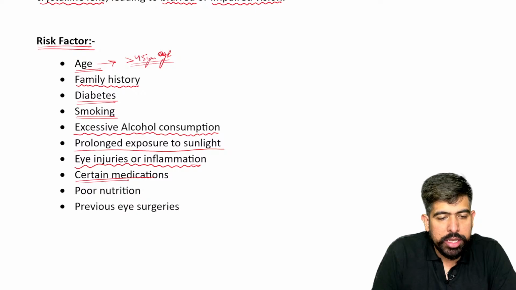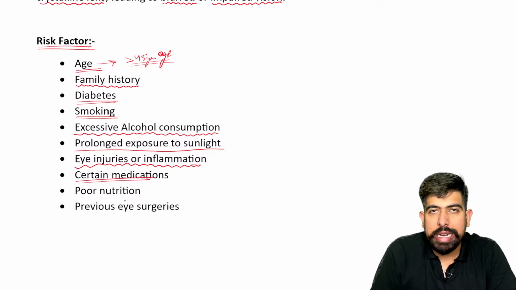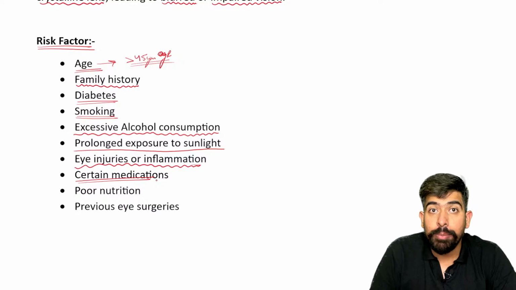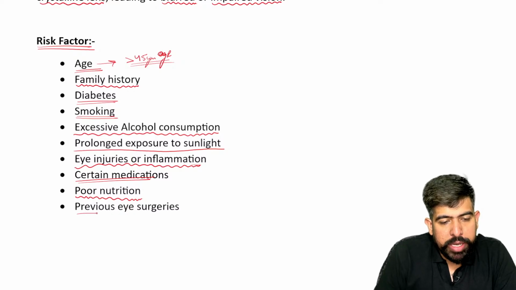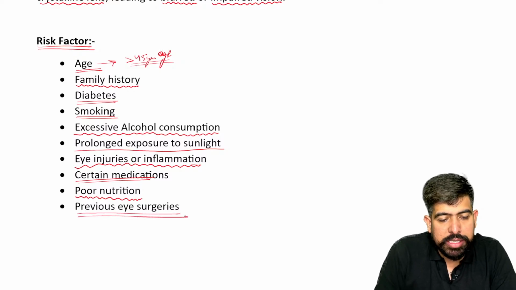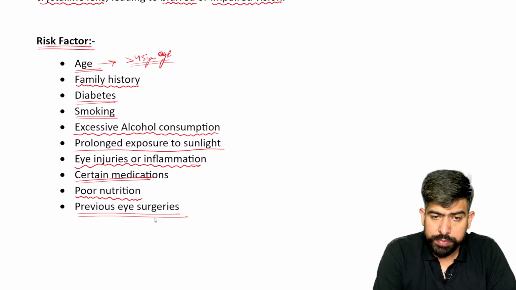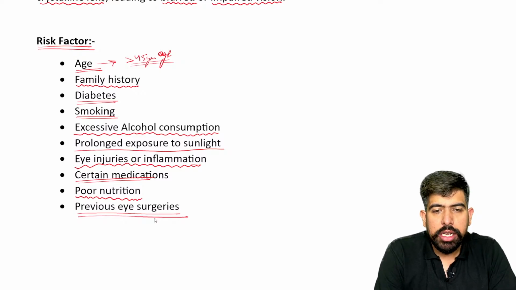Certain drugs can cause cataract, like steroids, which is toxic cataract. Steroids, rifampicin, ethambutol, and many more drugs, and poor nutrition, and previous eye surgeries. Maybe the patient previously had some eye surgeries, so that can become a risk factor.